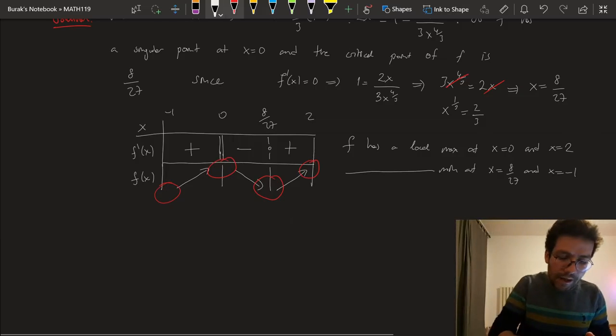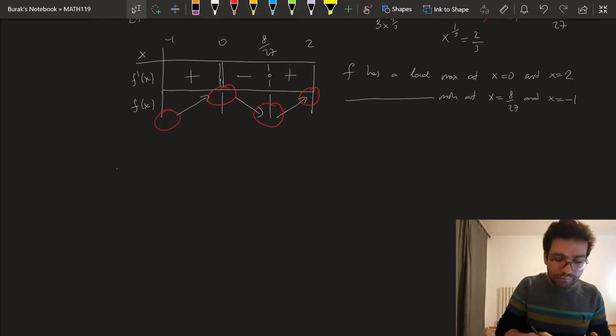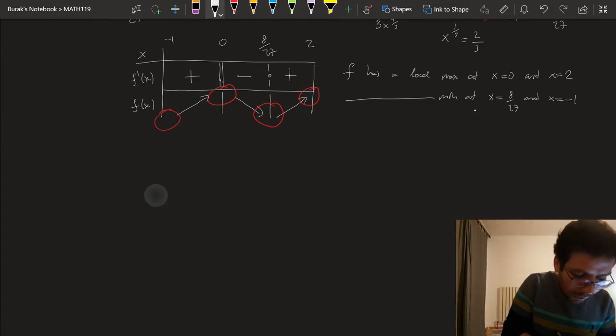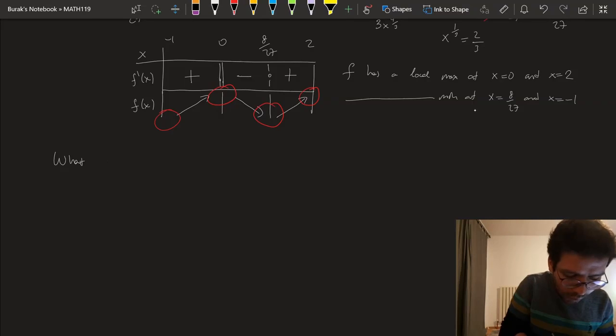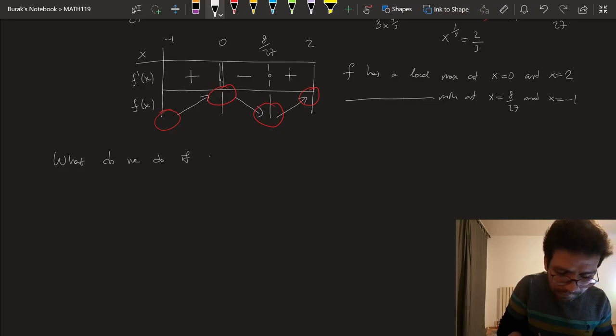I'm going to cover one of these, which is also in your book. So the question is, what do we do if we have open intervals?